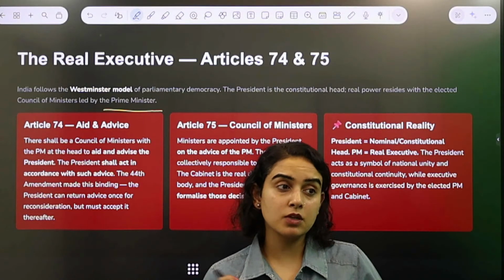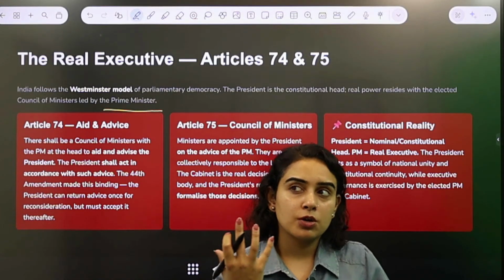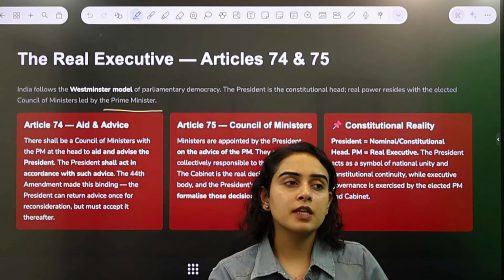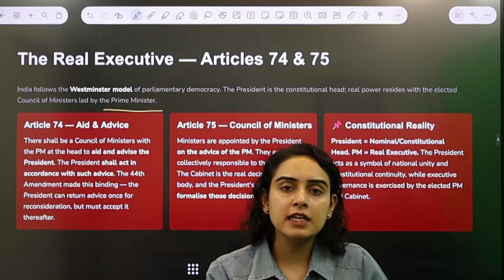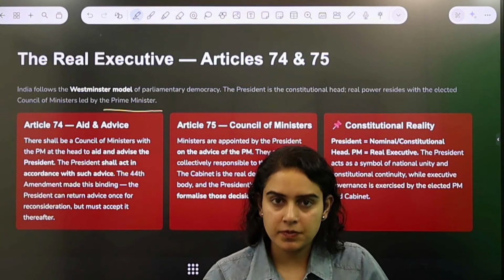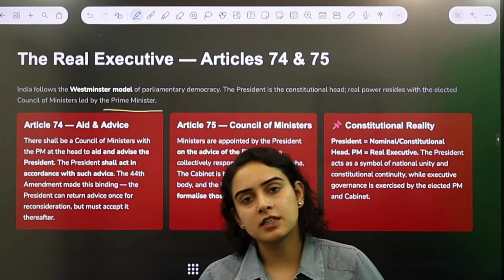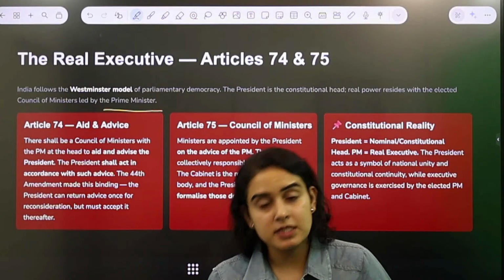But we said something called the Council of Ministers. Now among these people who are ruling, who have made the government, there are going to be some specific people who will be leading some ministries. The way Amit Shah leads the Home Ministry, Rajnath Singh leads the Defense Ministry, and Nirmala Sitharaman leads the Finance Ministry, right?